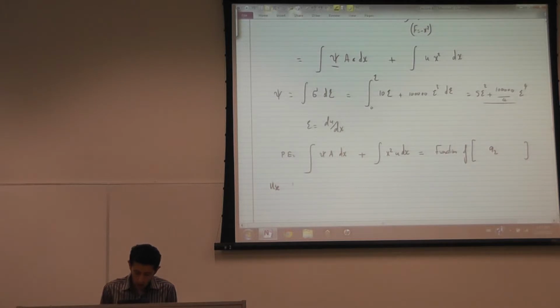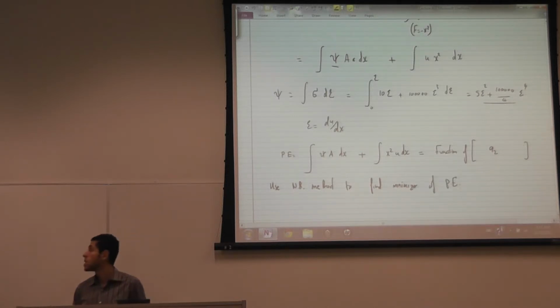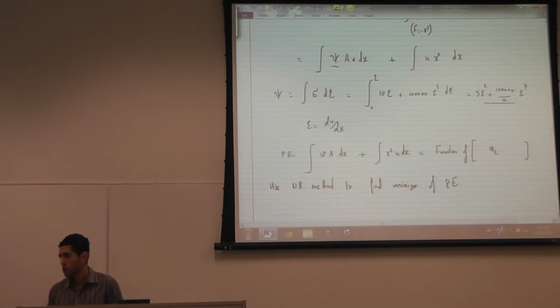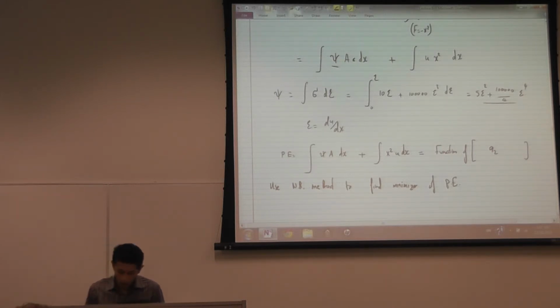Use the Newton-Raphson method to find the minimizer of the potential. So now, partial potential energy by partial A2 is equal to 0.